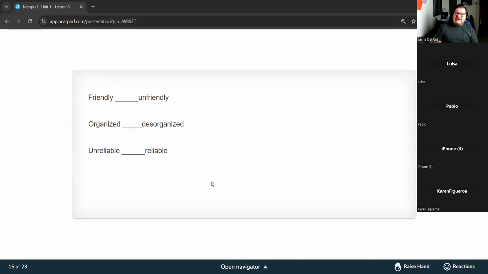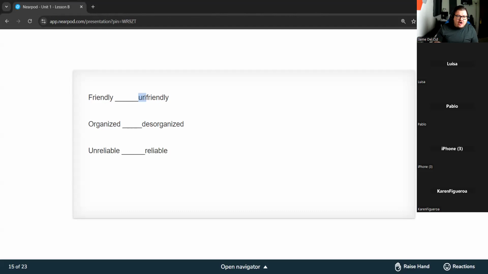There are others that we cannot translate literally, como por ejemplo friendly y unfriendly, no tenemos una traducción literal en español, ¿verdad? Tenemos amistoso o amigable y no amigable, o tenemos a alguien que es engreído, pero no tenemos una traducción específica de unfriendly. En eso el inglés es más sencillo. So we have the possibility to transform that word to the opposite by adding certain letters at the beginning.